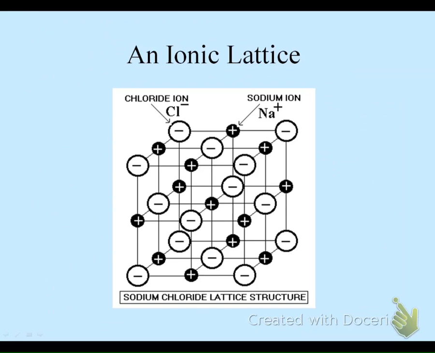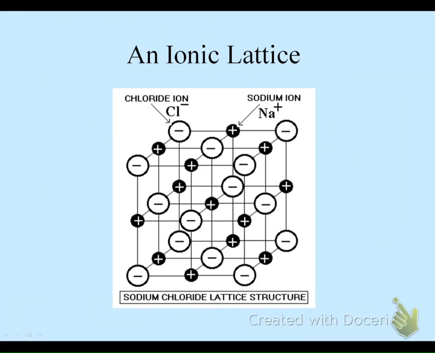So it forms this almost never-ending network, this pattern of positive, negative, positive, negative. And they're different shapes. This particular one forms the shape of a cube. A lot of them form the shape of a cube. This one in particular is a simple cubic structure where there's an ion at the corner of the cube, at every corner.